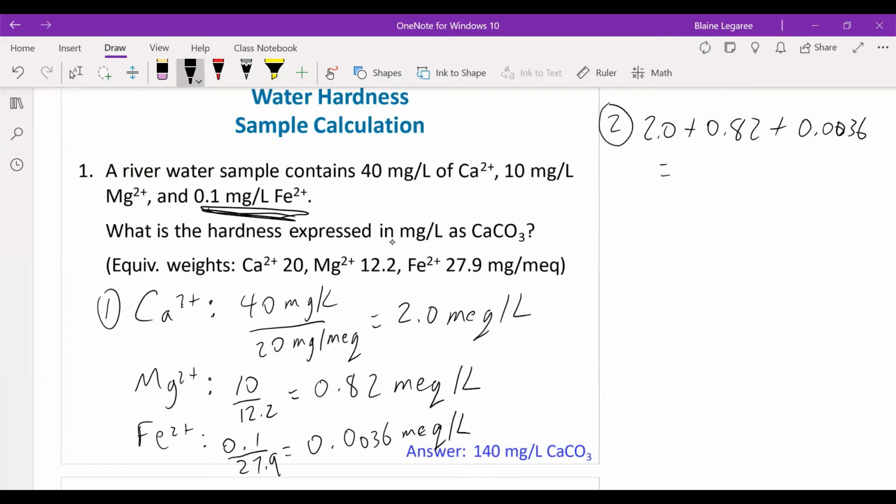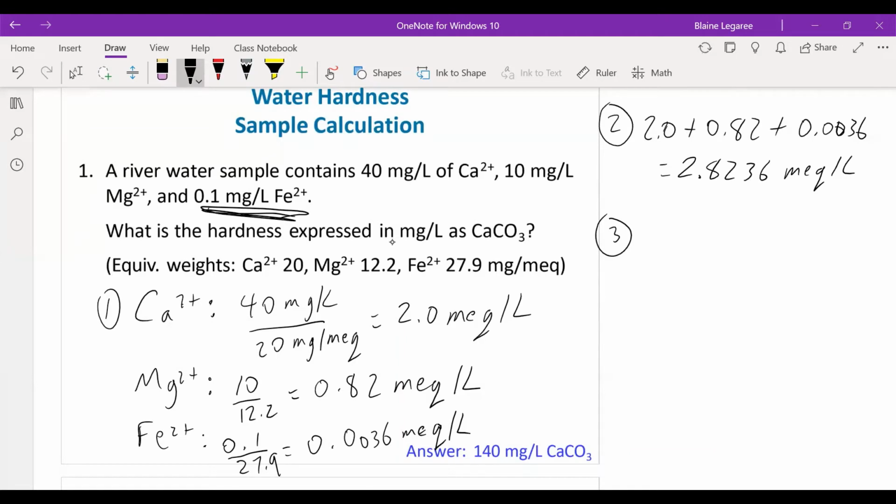So 2 plus 0.82, I guess I could have done this in my head, plus 0.0036, right? So it's 2.8236. Probably not perfectly accurate, since I didn't carry any significant digits down for the magnesium past the 2. But the answer there is in milliequivalent per liter.